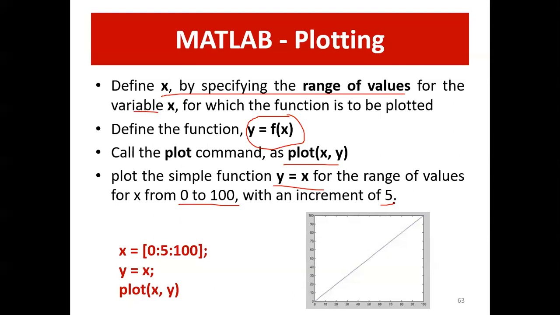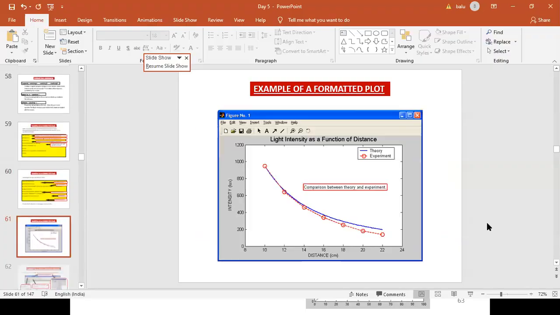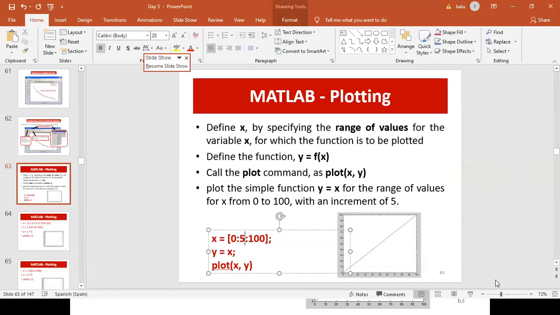If we have data like this, how do we generate the plot with the plot function, and what output do we expect in MATLAB? We compile the same program in MATLAB.